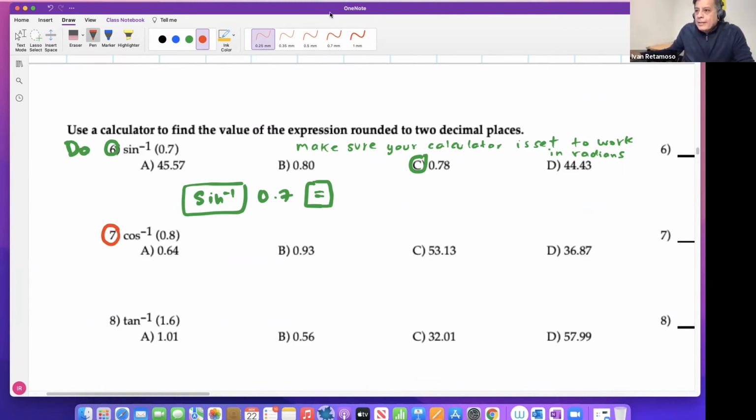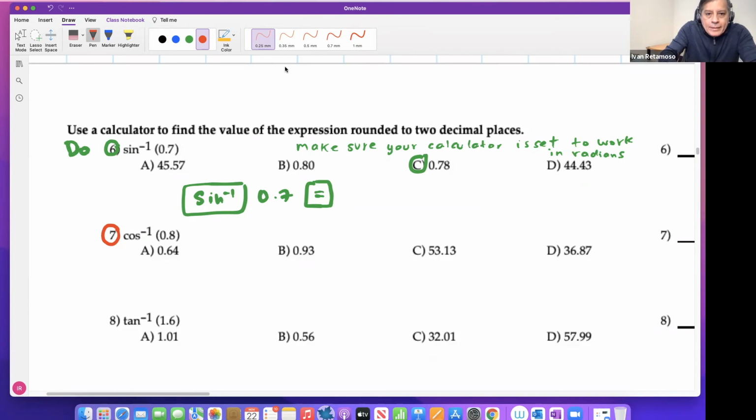I see some students quickly got this done, very good. Cosine inverse of 0.8, right? Jay, excellent.